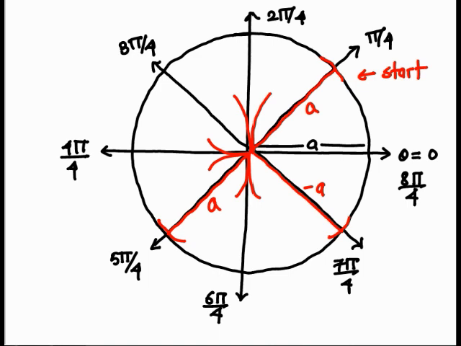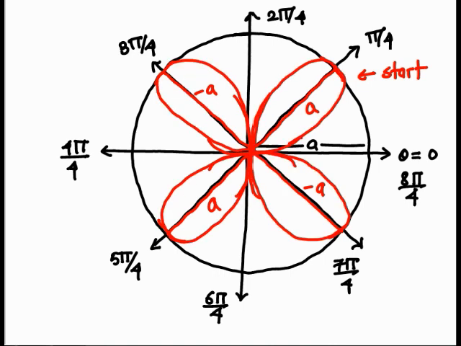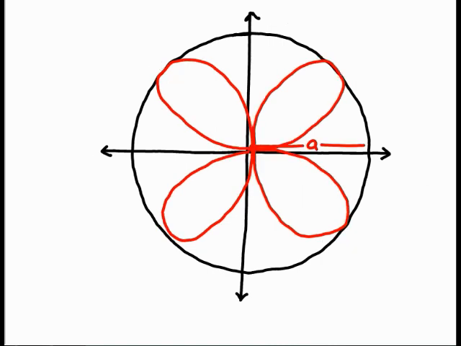At 6π/4 like this. At 7π/4 like this. So the final curve looks like this. So if you observe, the curve is like this. This is nothing but our final curve.